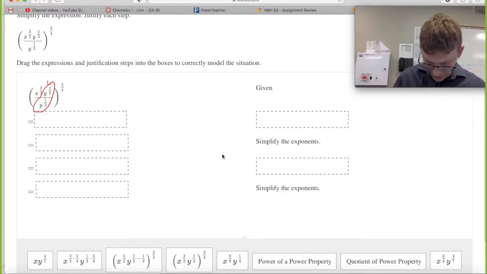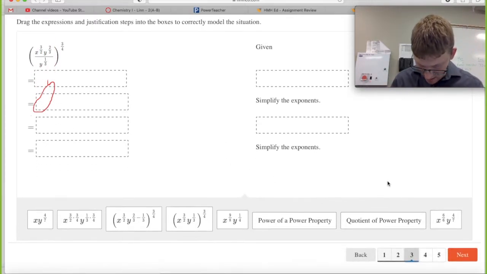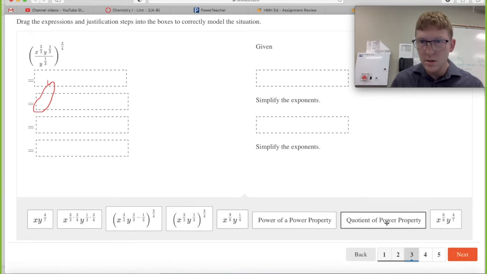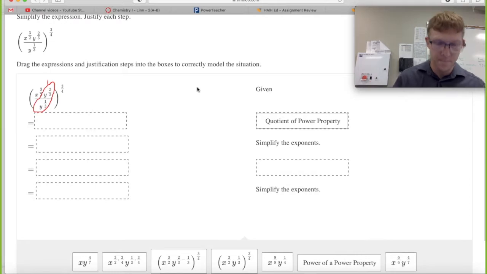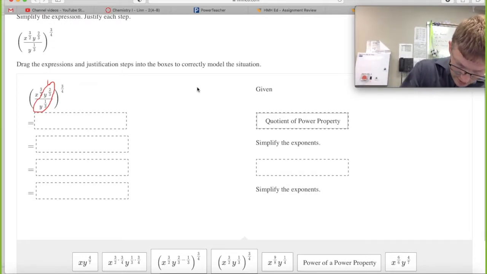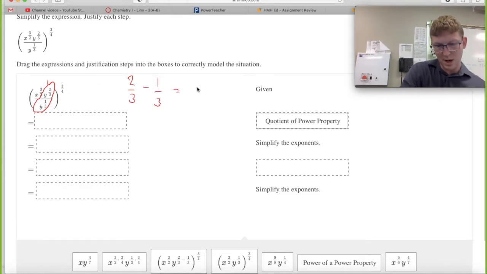The quotient of powers property means that that is going to be 2/3 minus 1/3. They both have a common denominator, which is 2 minus 1 over 3, so 1/3.